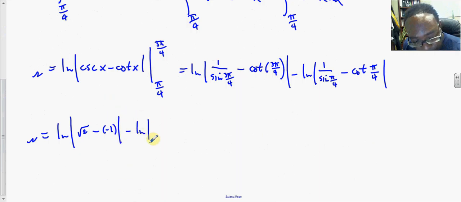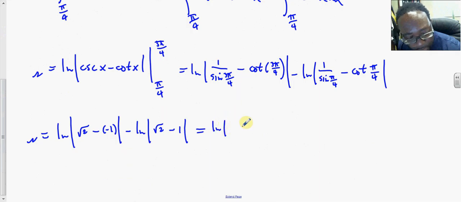Minus the natural log of the absolute value. Here, sine of pi over 4 is 1 over the square root of 2. 1 divided by 1 over the square root of 2 is just the square root of 2. And then minus cotangent of pi over 4 is just 1.